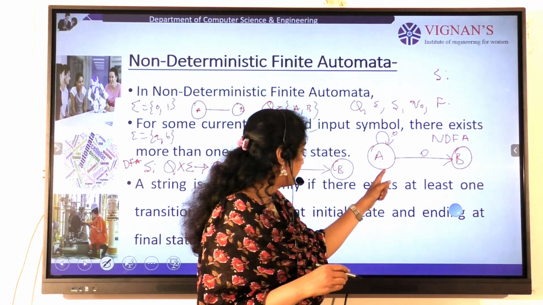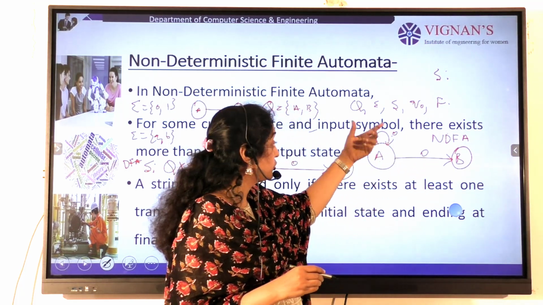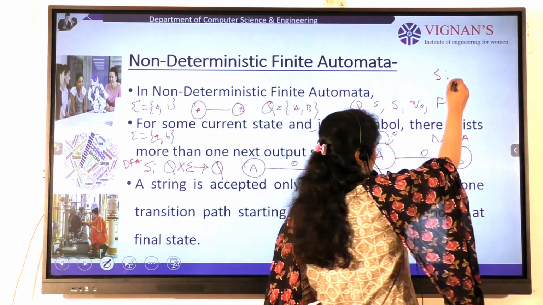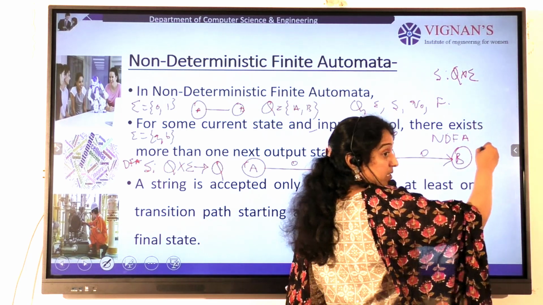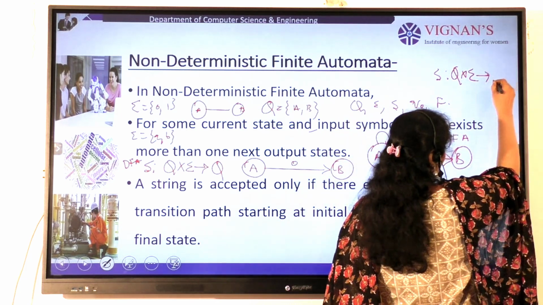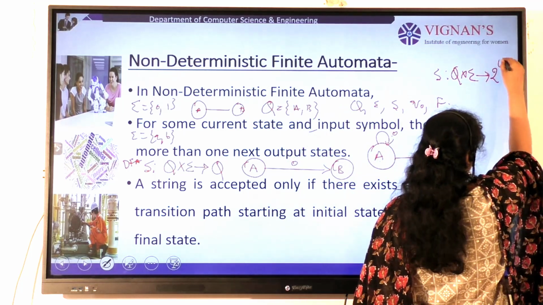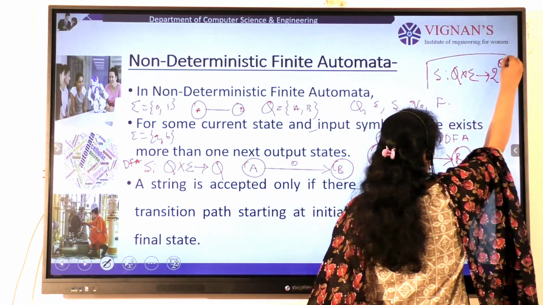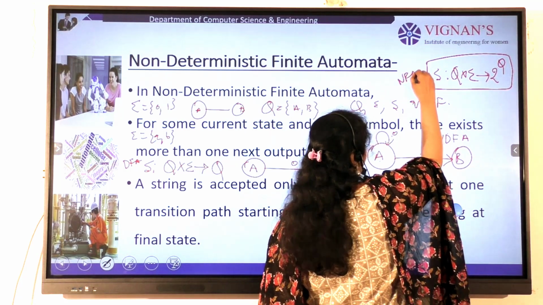Here we are saying that a state, by reading an input symbol 0, may move to more than one state. A state, by reading an input symbol 0, moves to more than one state. That is represented as the power set, 2 power Q. This is the transition function for non-deterministic finite automata.